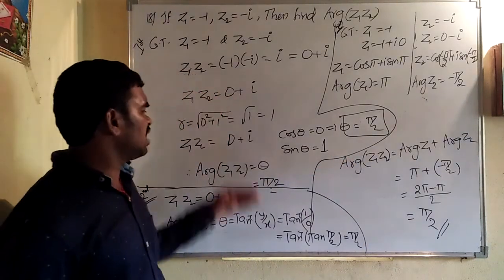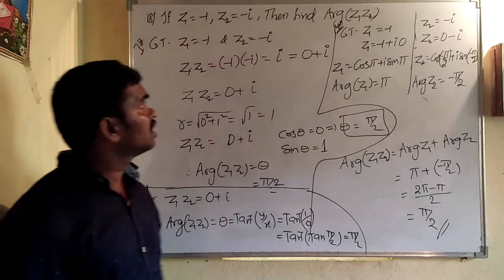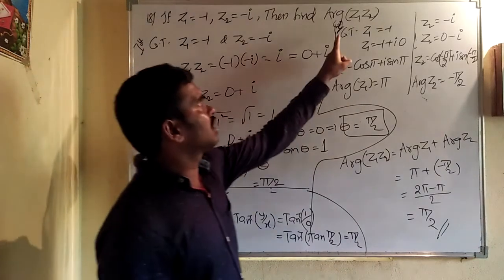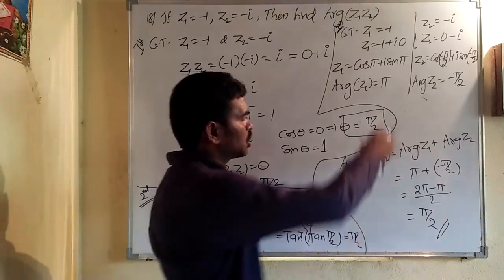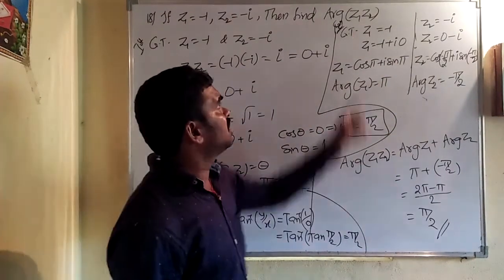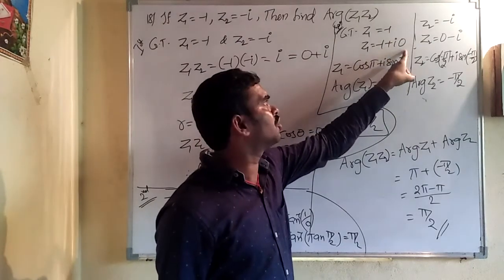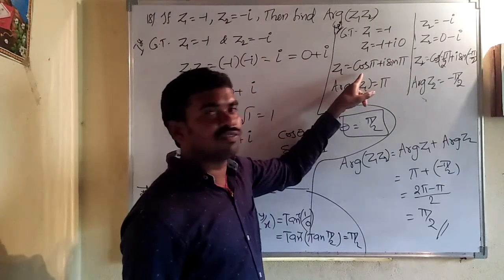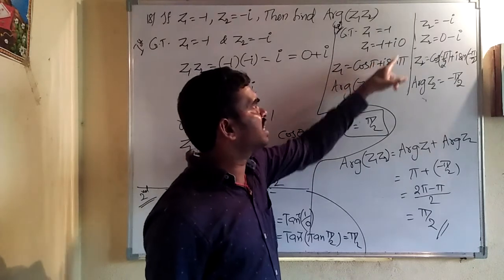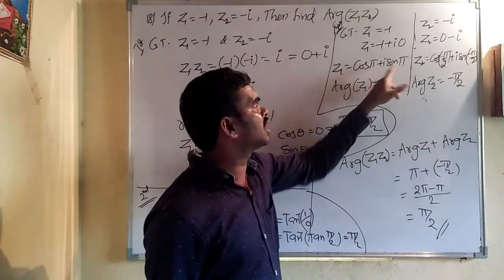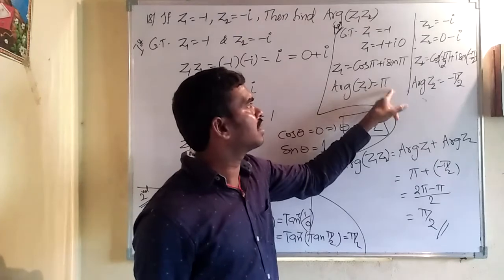So in these three methods you can solve. You choose whichever is better for you; the third method is better. Z1 is given as minus 1, nothing but minus 1 plus I into 0. So write in the form cos pi plus I sin pi. So the angle is pi, which implies argument Z1 is pi.